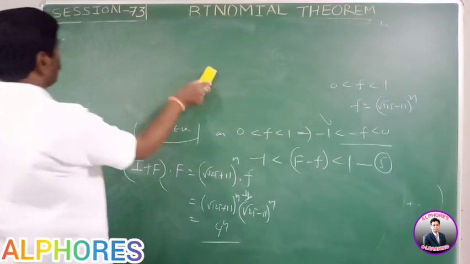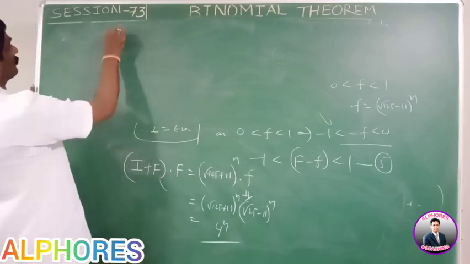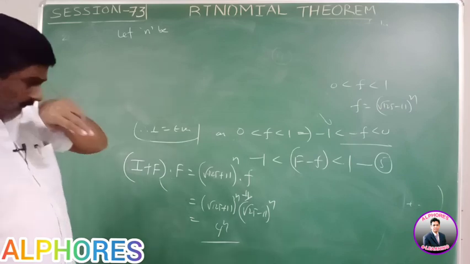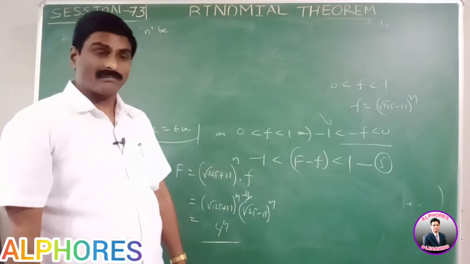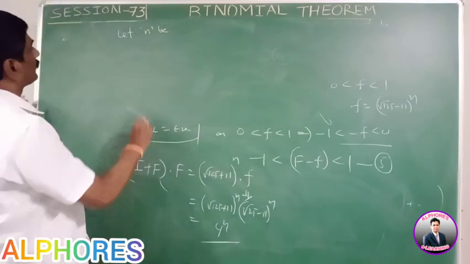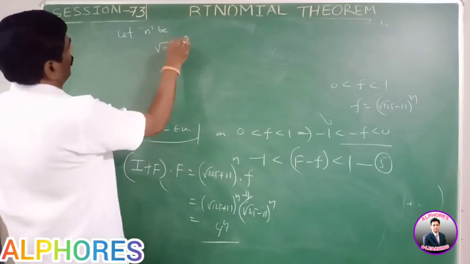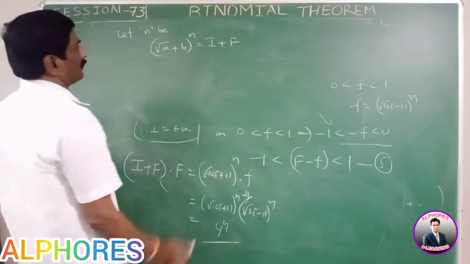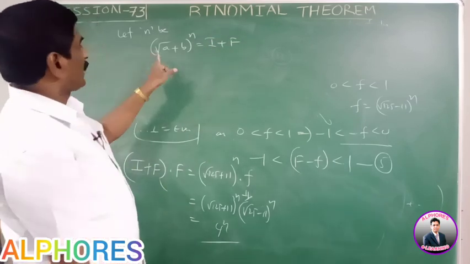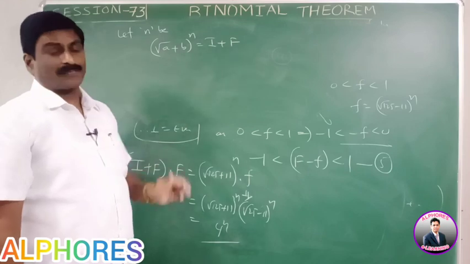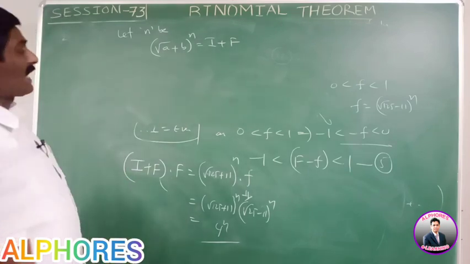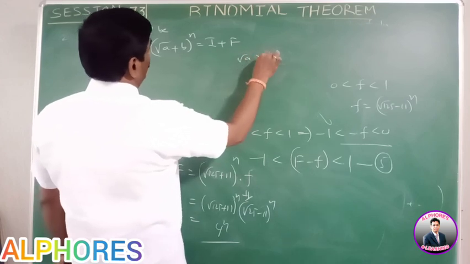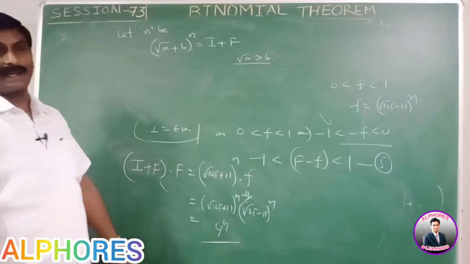Please write the note point. Let n be an odd positive integer and (root a plus b) whole power n is equal to I plus f, where I is the integral part and f is the fractional part, such that root a is greater than b.